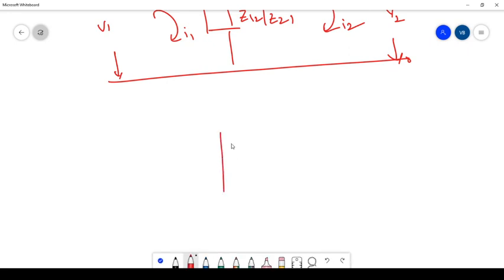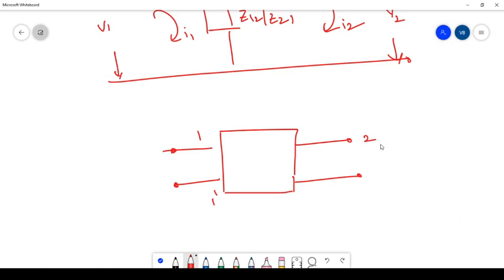One block we are going to represent, where one side represents the input ports, called input port 1, and from here I am going to represent the output port 2. Here I indicate the current I1 and the voltage V1. From here the current is I2 and the voltage is V2. So this is a two-port network.